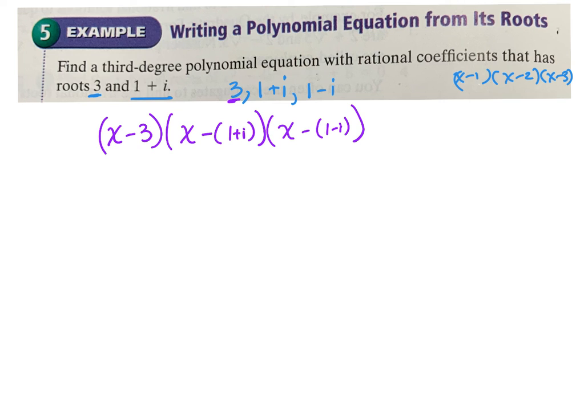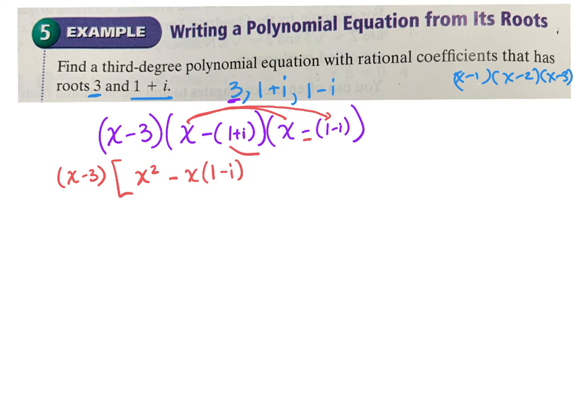We're going to just FOIL. I'm going to leave this little x minus 3 out here to its own little process. x times x is x squared. x times this group, don't distribute it through right now, so we have a positive x, and the negative here is going to be a minus, and I have an x times this group, 1 minus i. So far, so good.